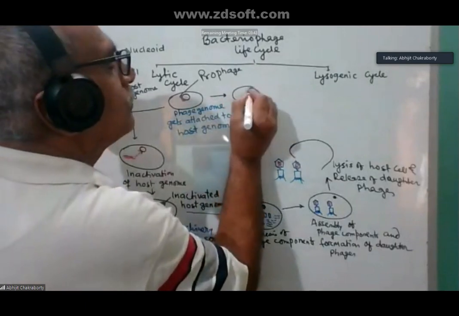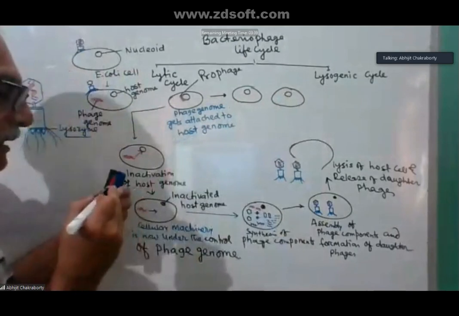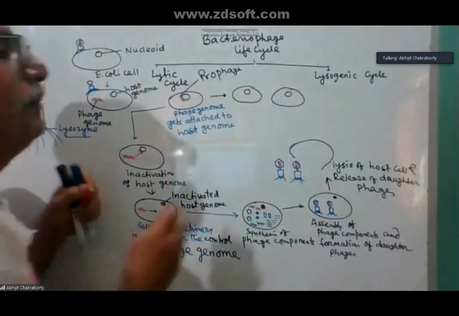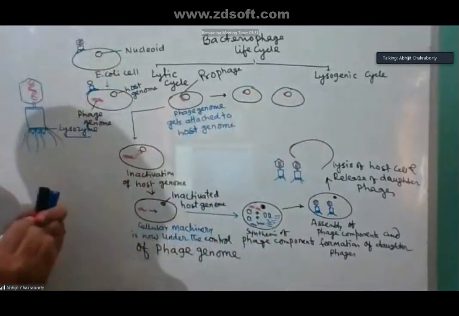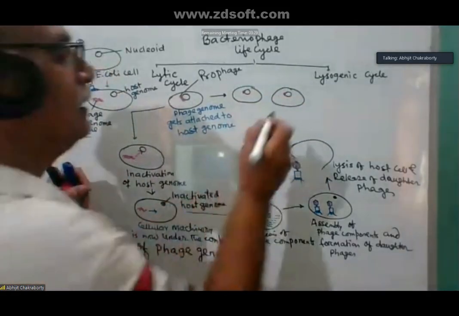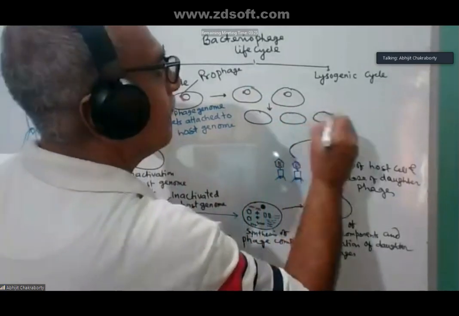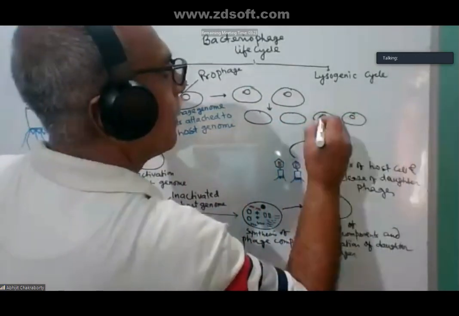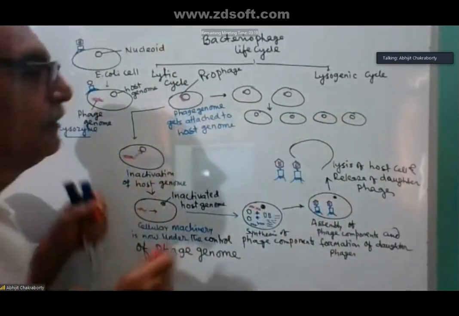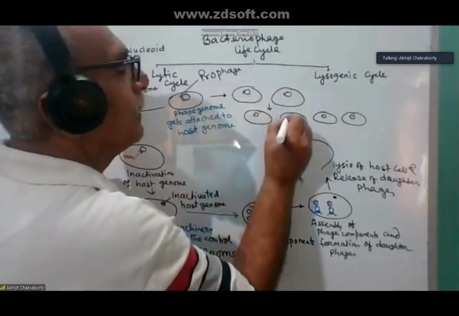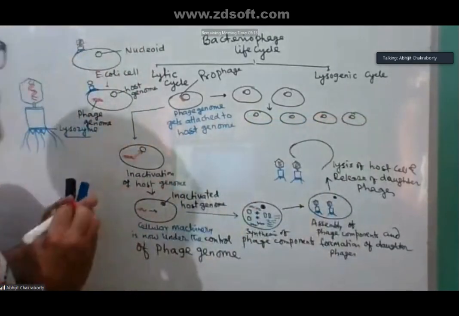So the host cell divides to form two bacterial cells. In every bacterial cell, you will get the genome. It further divides, suppose, forming 4 bacterial cells, and in every cell you will get the phage genome attached to it.